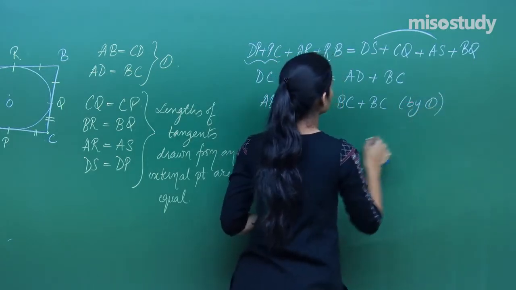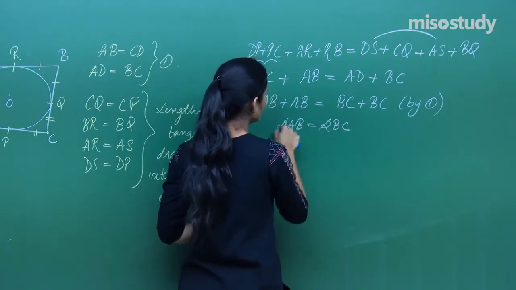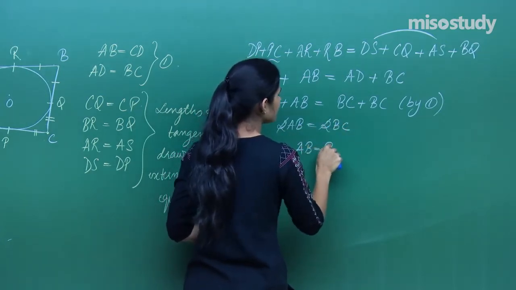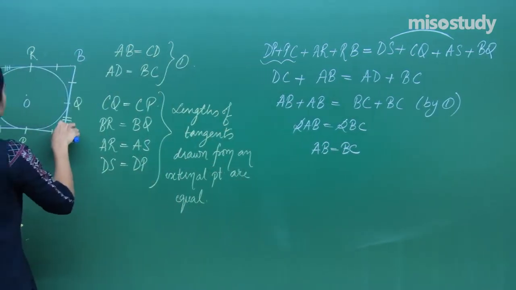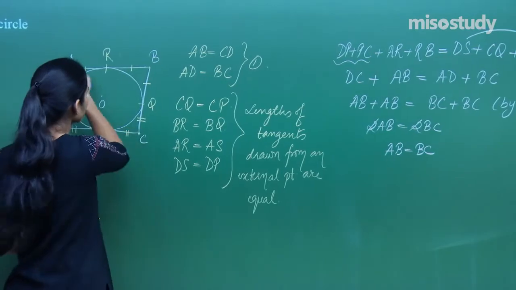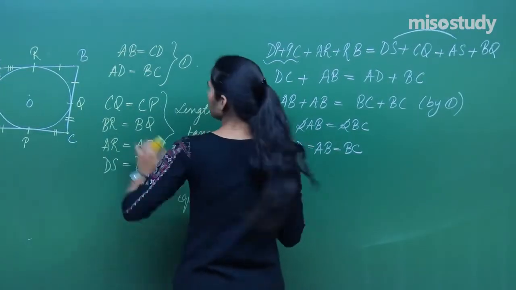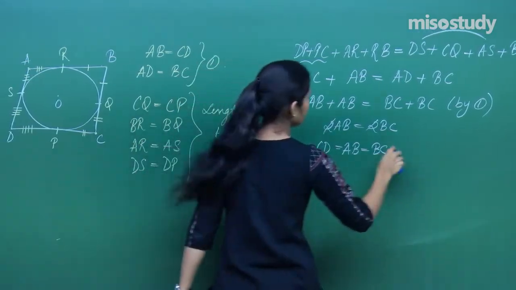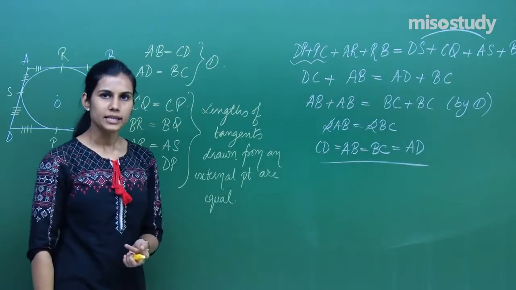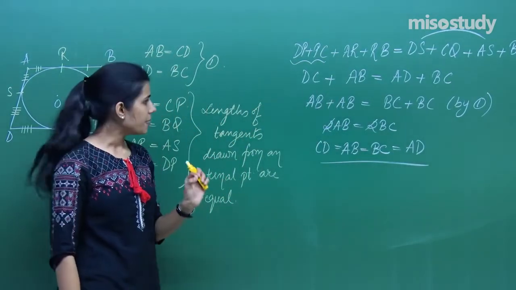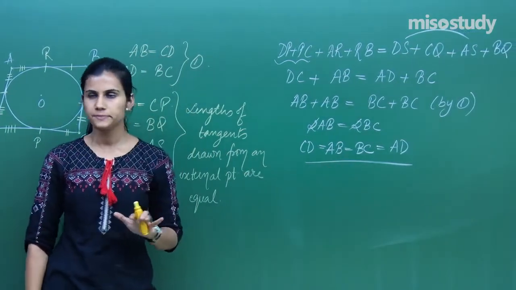So you have twice of AB is twice of BC, 2 cancels out, AB is same as BC. But AB was equal to CD because opposite sides are equal in a parallelogram. AB was actually equal to CD and BC was actually equal to AD. And so you are getting that all the 4 sides are equal in length. And therefore this parallelogram in which all 4 sides are equal is now a rhombus.